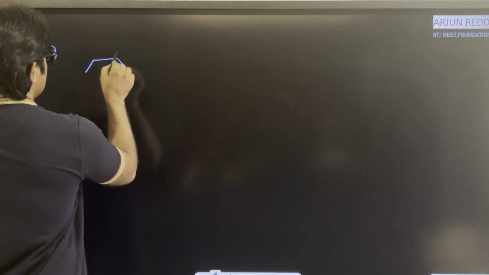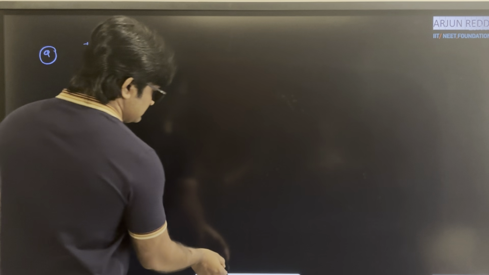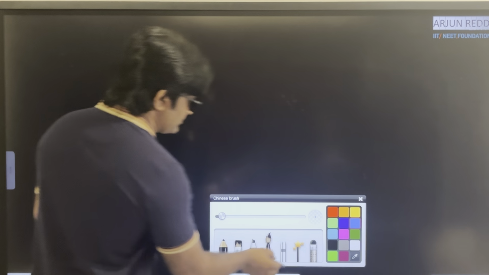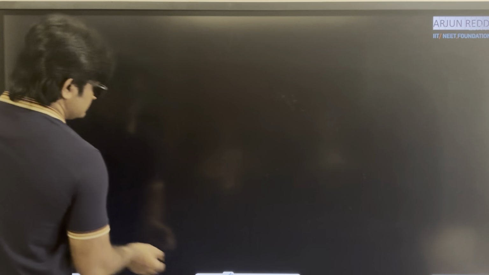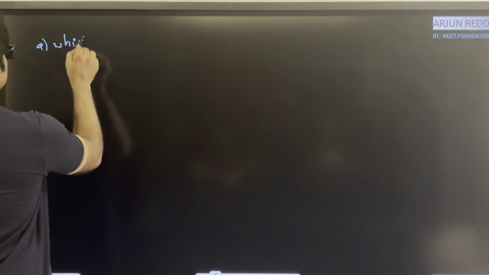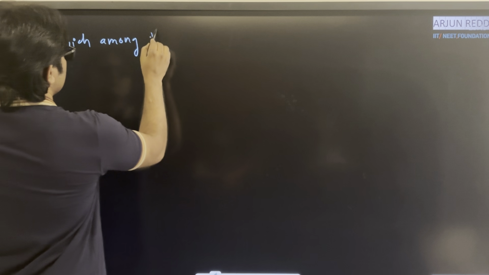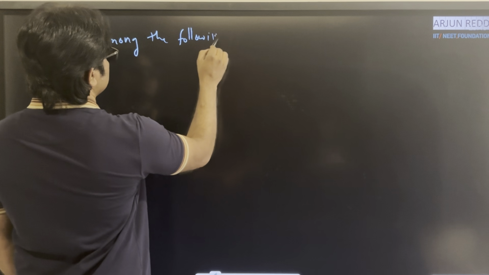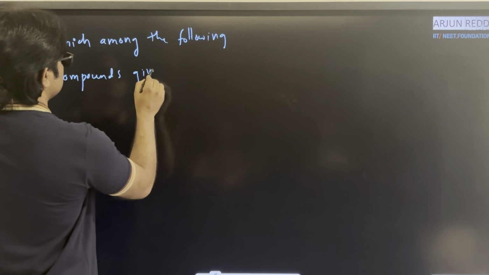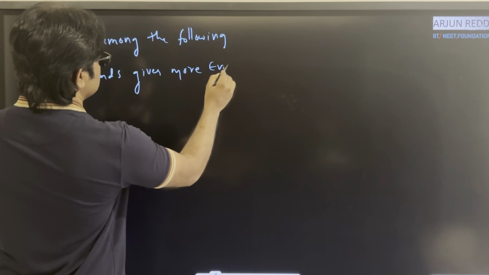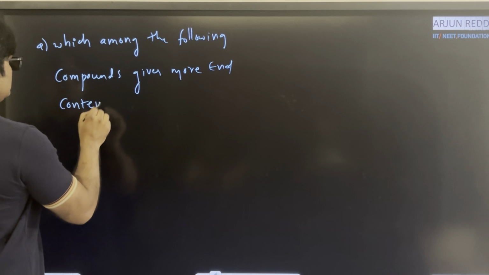Here 2 compounds are given, C double bond O and C double bond O. The question is, which among the following compounds gives more enol content?